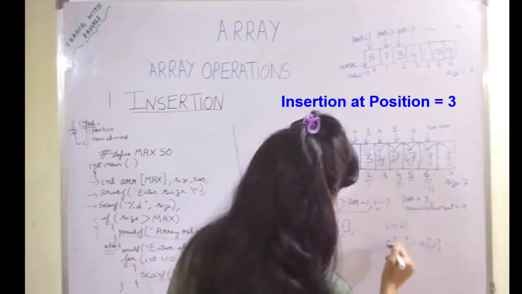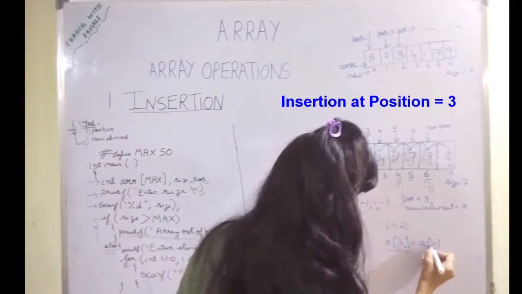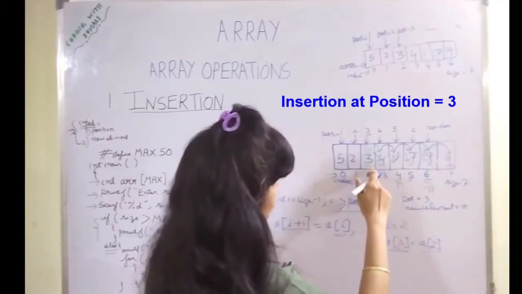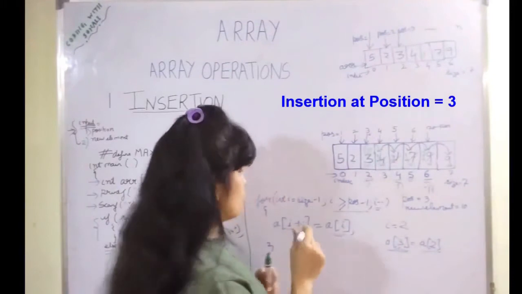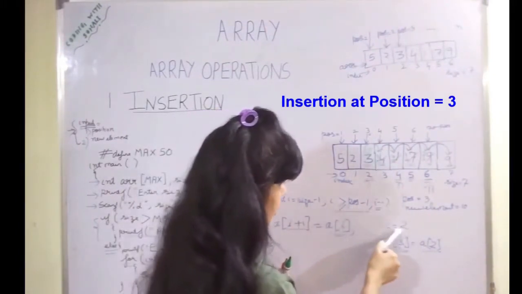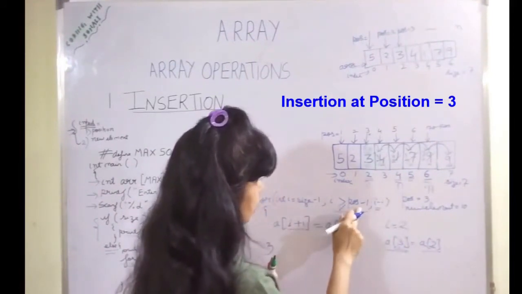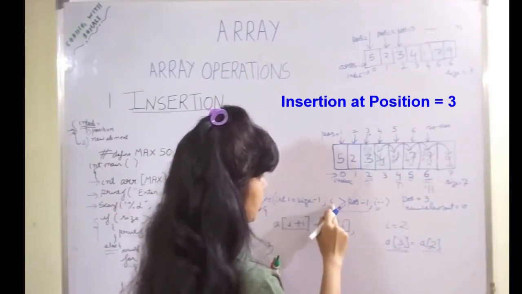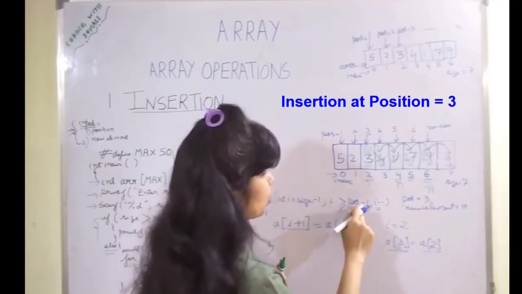In that case, A of 2 plus 1, that is 3, is equal to 2. So first of all, when I is equal to 2 actually, the position is 3. So what we have checked here, first of all, when I becomes equal to 2, is whether this condition is satisfied. Yes, we want actually I greater or equal to pos minus 1, that is I greater or equal to 2.